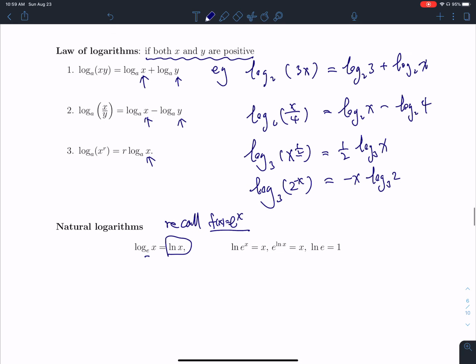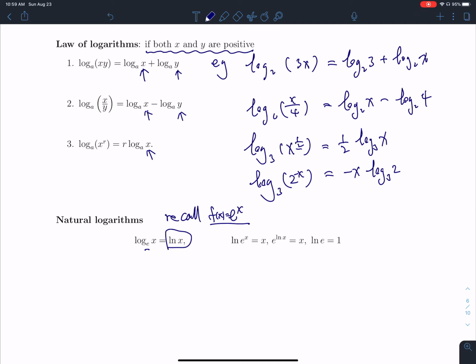So here, f of x is the natural exponential, and f inverse of x is indeed the natural log of x. And obviously, we can still use the law of cancellation. So here, this is f inverse of f of x, so that should be x.